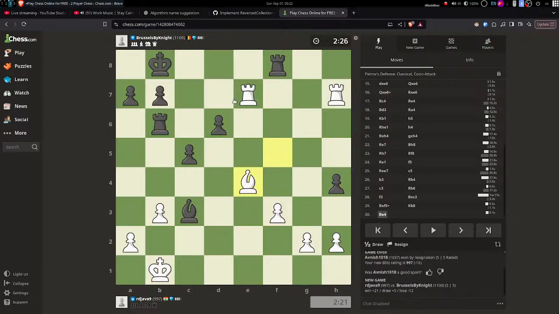Okay, now I have some plan, right? This pawn is highly vulnerable, like highly vulnerable, and I will take this pawn. He takes it. He goes this way. If he goes here, that's simply a win. But if not, wow.